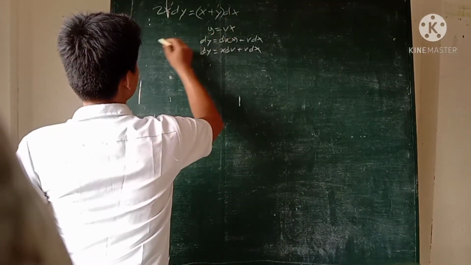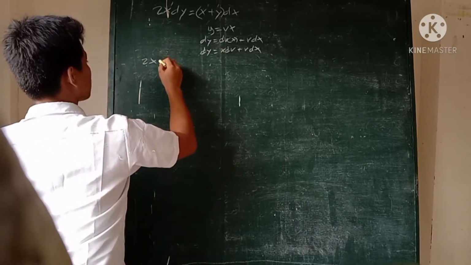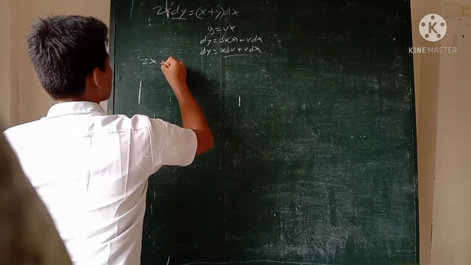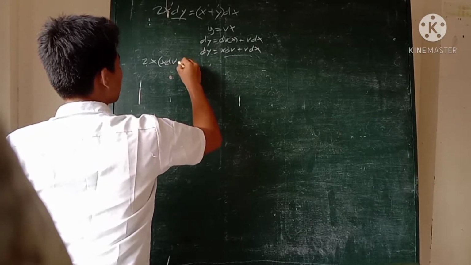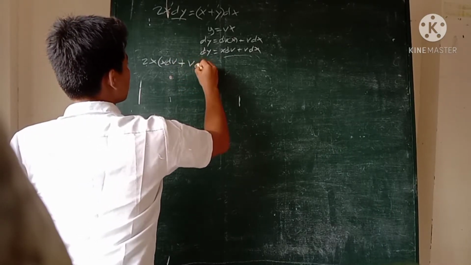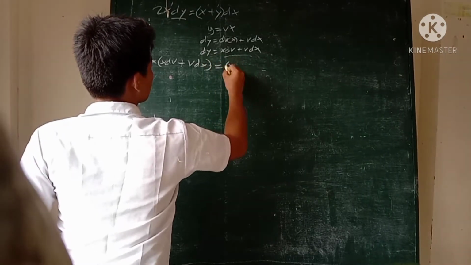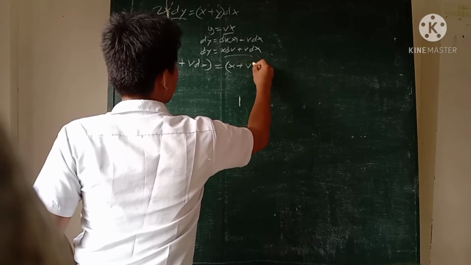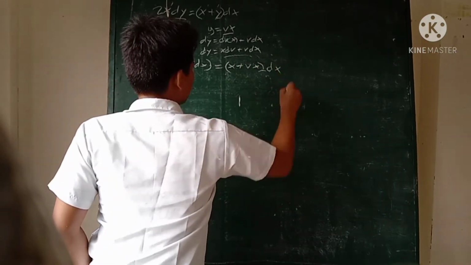So in 2x, the value of dy equals x dv plus v dx, equals x plus the value of y, which is vx, dx plus x dx.